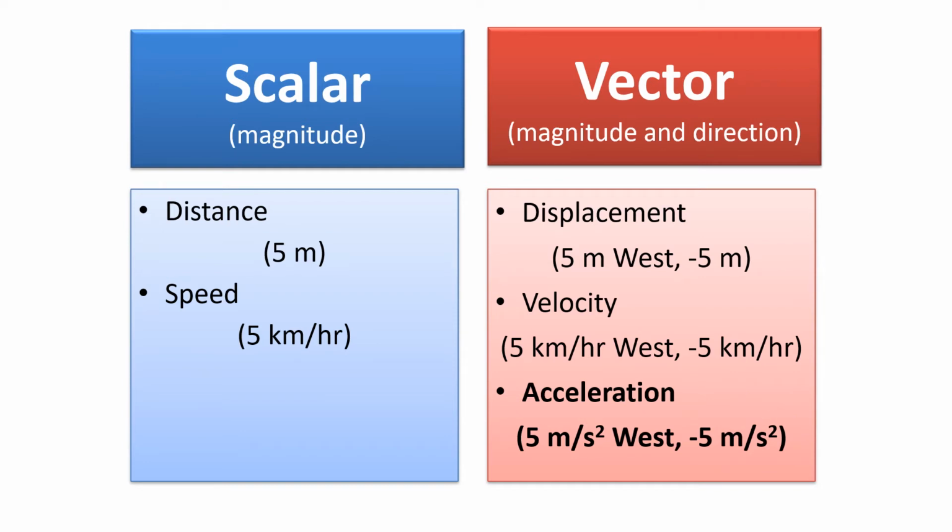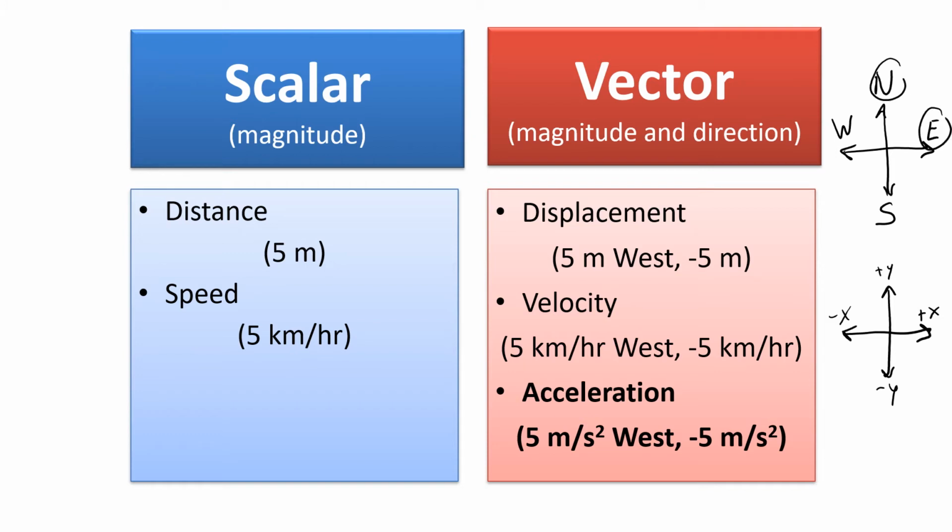Okay, so with the vectors, if we have a north, south, east, west, that's going to correlate to the XY graph that we're used to. And by convention, anything that's moving north or east, we say is moving in the positive direction. And anything that's moving west or south, we say is moving in the negative direction. Or even left or right, up, down.